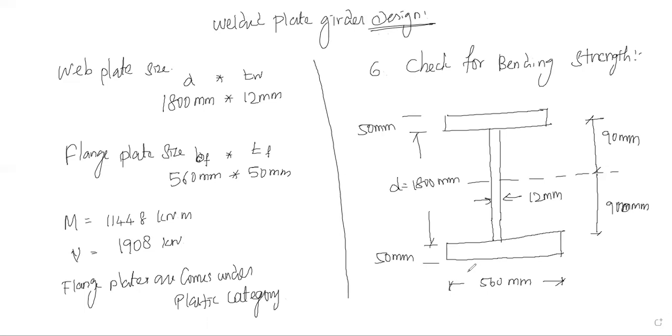Now the plastic section modulus of this section. Here, design check for bending strength: design bending strength from page number 53 of IS 800 2007. The bending capacity formula is Md = βb × Zp × fy / γm0.